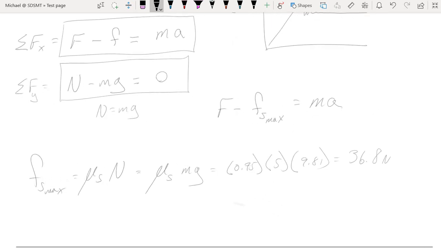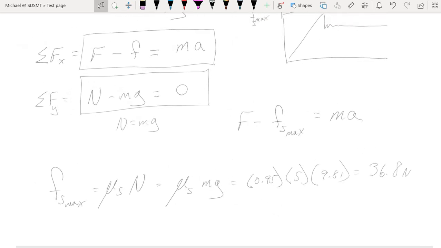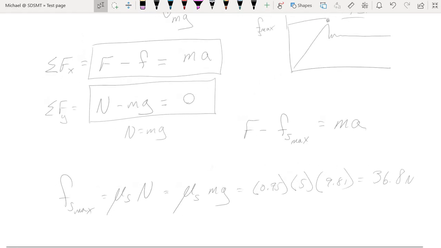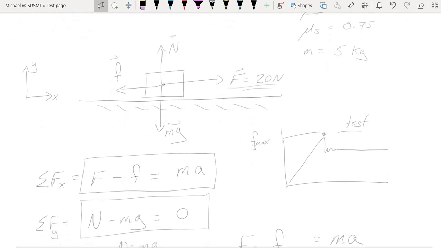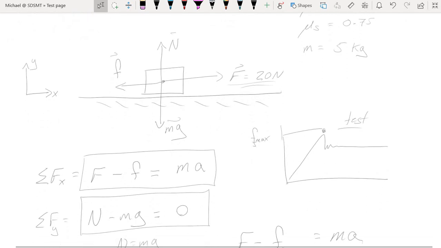Okay. So this is the absolute highest amount of static friction that the system can provide.